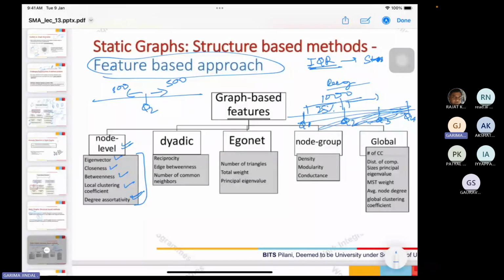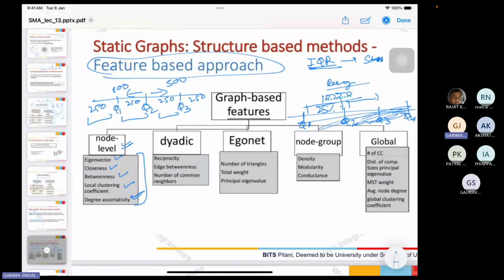Now we will have Q1 and Q3. Out of these 500 values, 250 will be in this range and the remaining 250 in this range. Similarly here, 250 values will be in this range and 250 values will be greater than Q3.